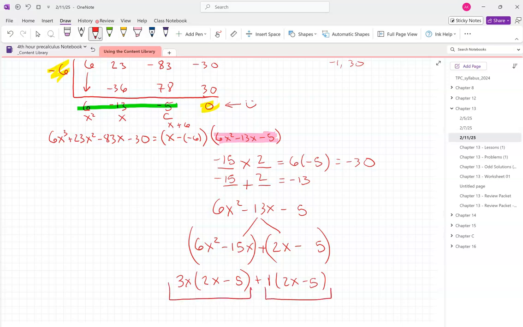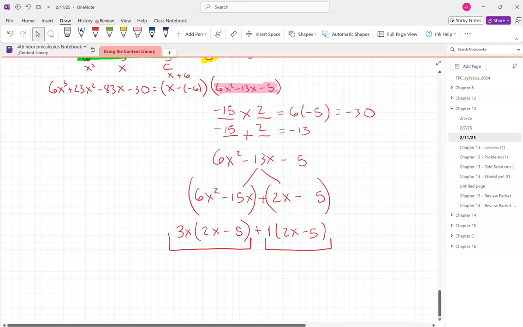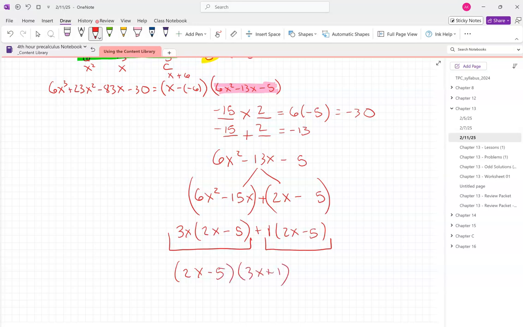If I look at the two terms now, the 2x minus 5 is in common to both of them. So I have this.